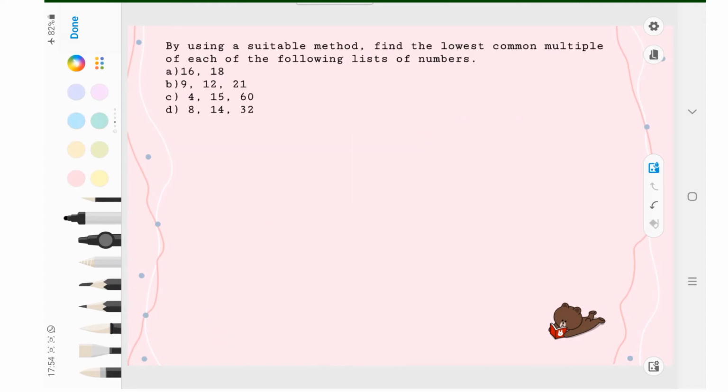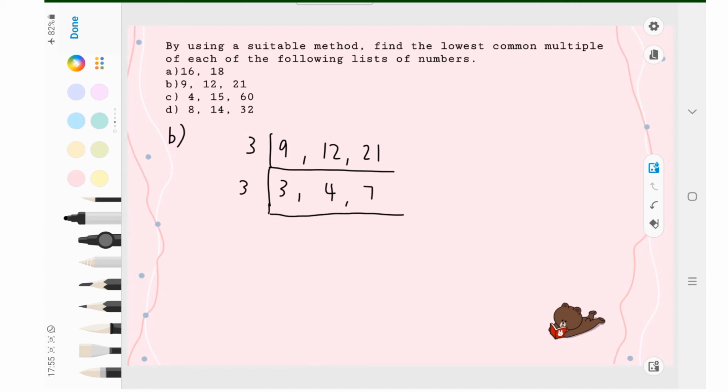B. 9, 12, and 21. We use the same method. List down 9, 12, and 21. Then divide by 3. The answer is 3, 4, and 7. Divide by 3 because we have 3. It becomes 1, 4, and 7. Divide by 2. 4 divided by 2 equals 2. 1, 2, 7.